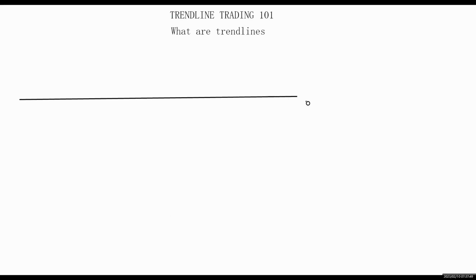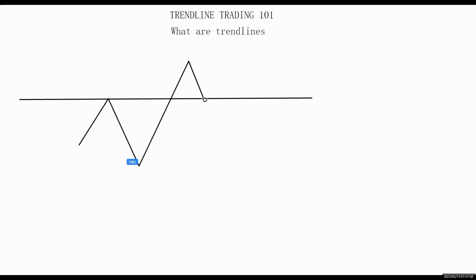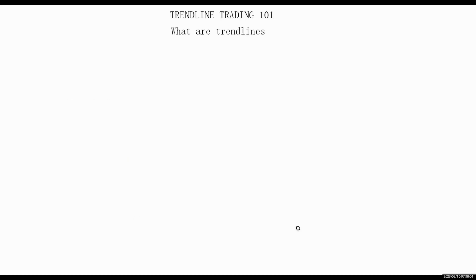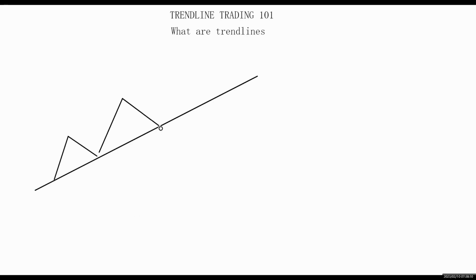We are always aware of the market having areas of support and resistance, horizontal areas of support and resistance. For me, I love to call the trend line diagonal supports and resistance. So when the trend is going up and is touching the spots, right here, right here, right here, this is the diagonal support.